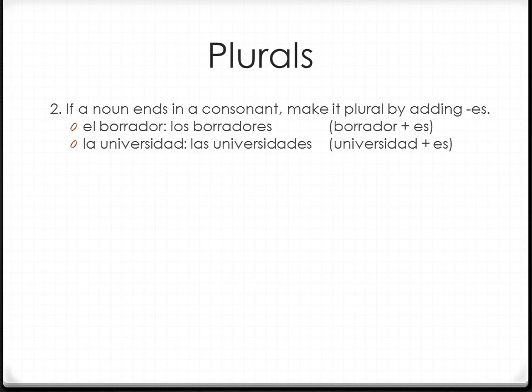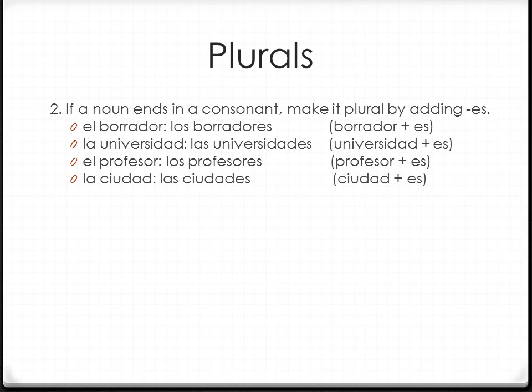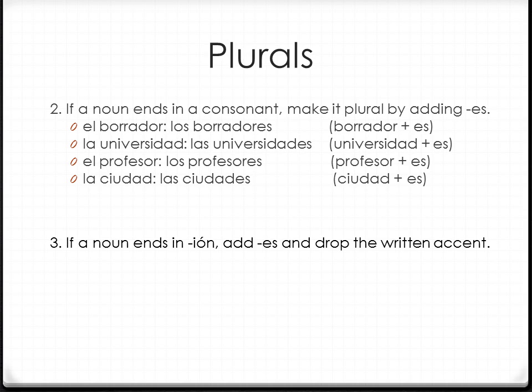La universidad, las universidades. El profesor, los profesores. La ciudad, las ciudades. Okay, so when it ends in a consonant, you have to make it plural by adding es.